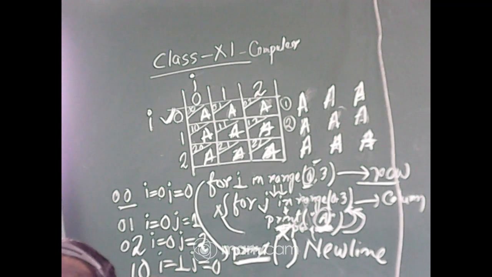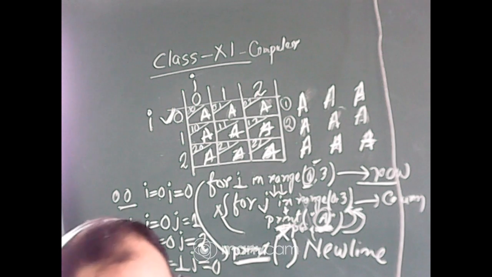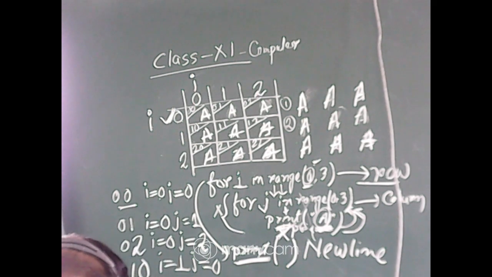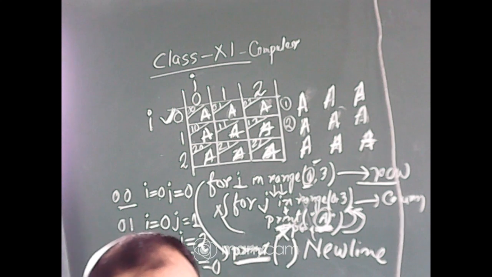Just type here print within double quotation A, and just back for print, like that. Save the file.